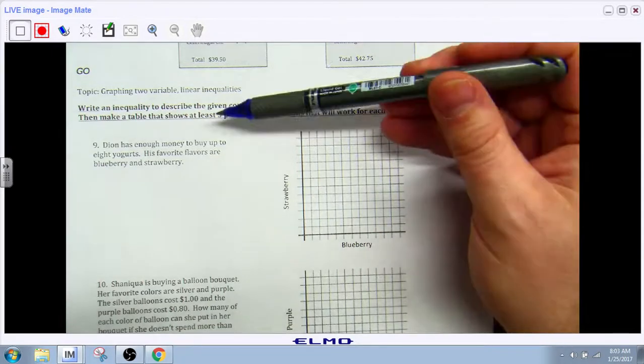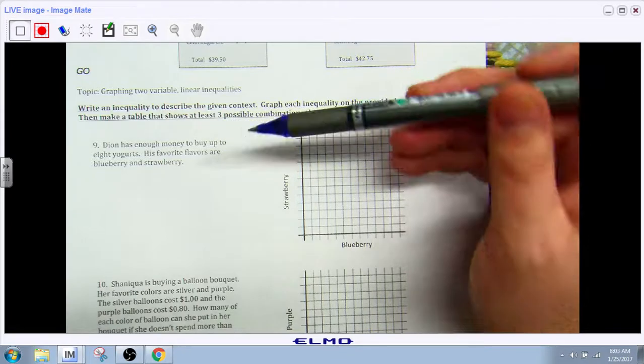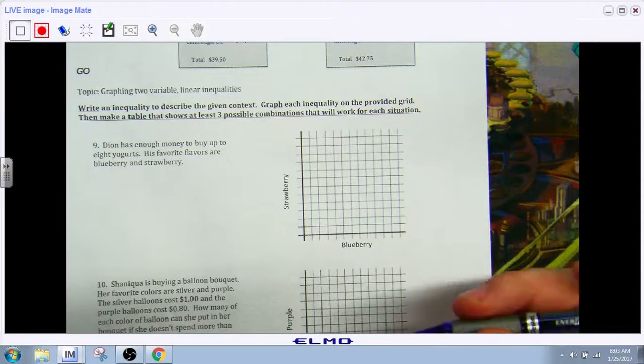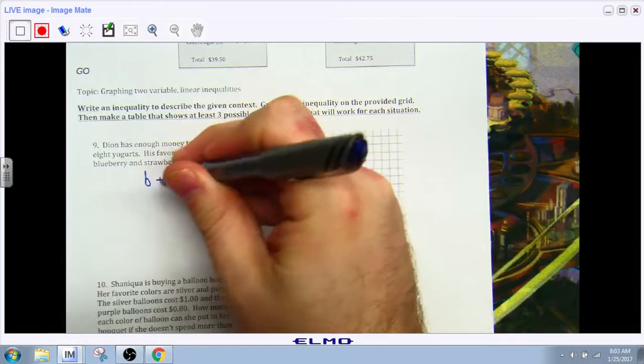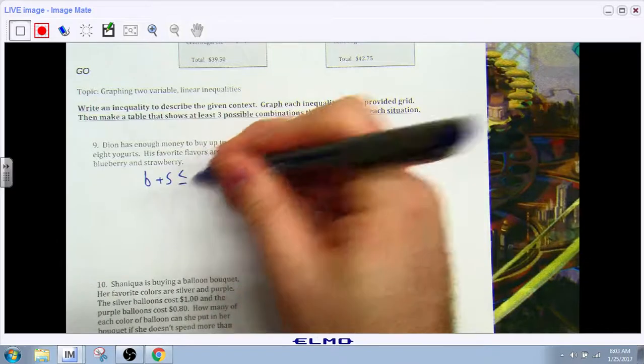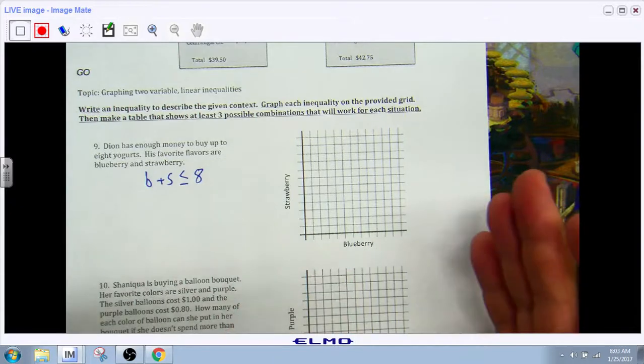So Dion has enough money to buy up to 8 yogurts. His favorites are blueberry and strawberry. So blueberry plus strawberry has to be less than or equal to 8, right? Because you can't buy more than 8. You can buy 8, but when we add them together, that's the most they can equal.